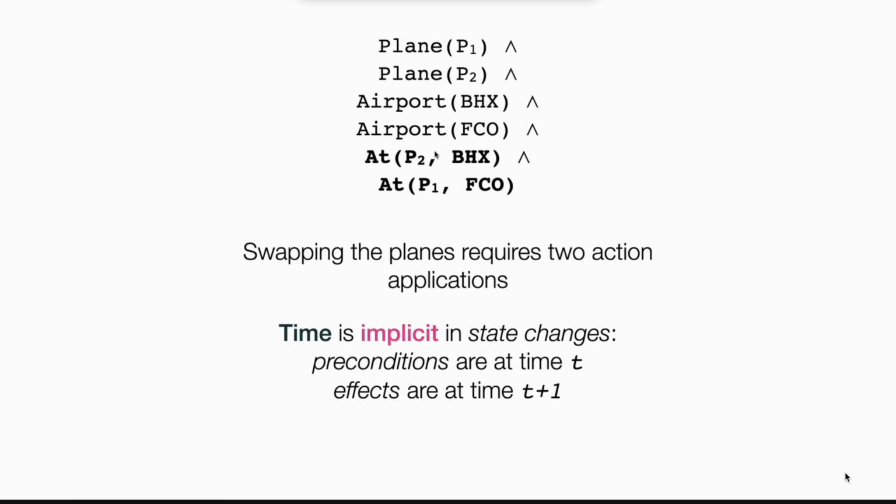We can think about, and this is another common language modeling thing that we do in AI, T, and we apply an action, and now we're in a state T plus 1. So we could say that time has moved on 1. When the state changes, the preconditions are in state T, and the effects occur in state T plus 1.